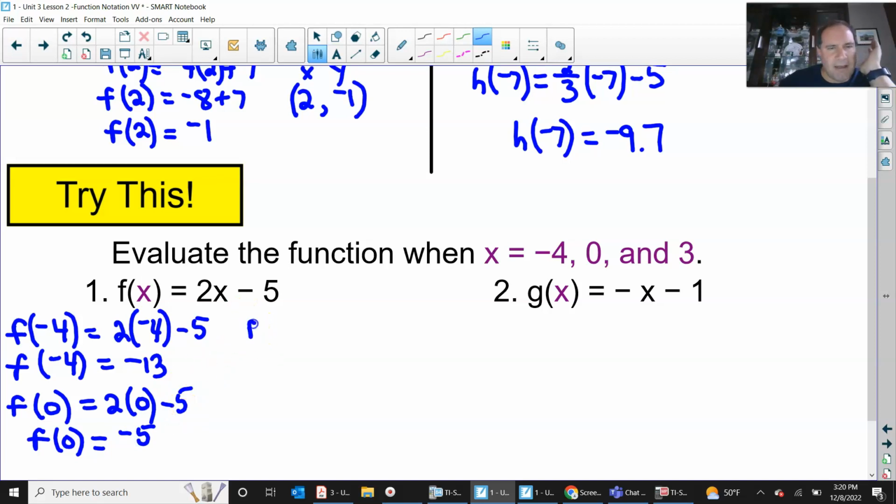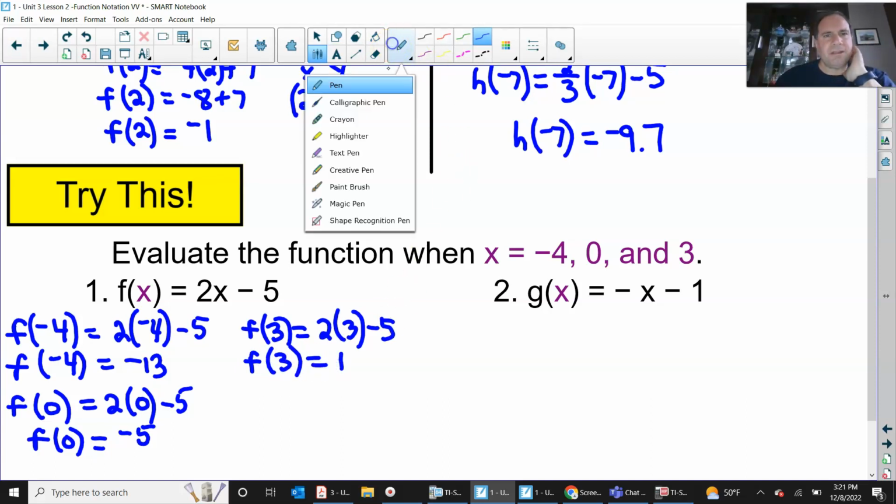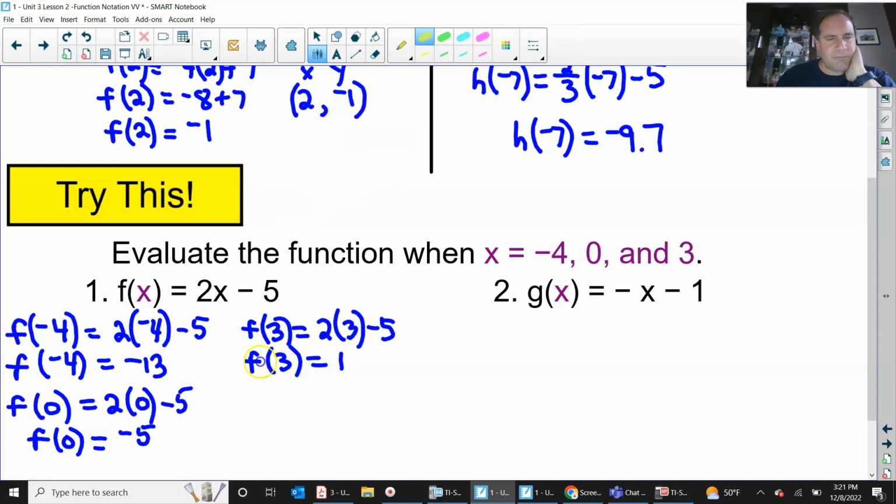Then f of 3 equals 2 times 3 minus 5, so it's 6 minus 5, and 6 minus 5 is 1. So these are the answers: when x is 3, y is 1. When x is negative 4, y is negative 13. When x is 0, y is negative 5.